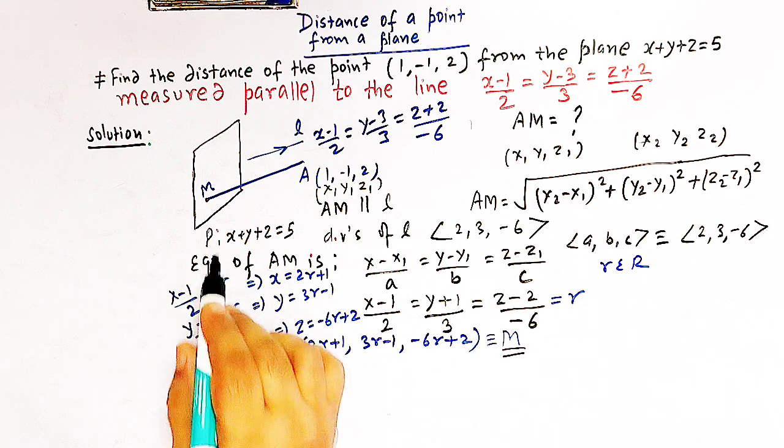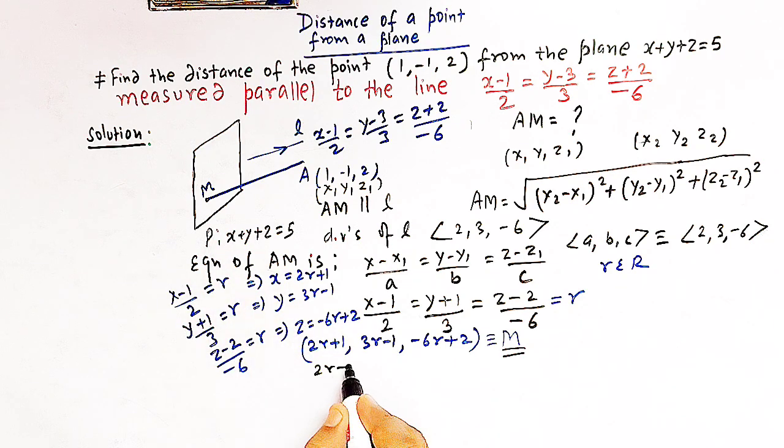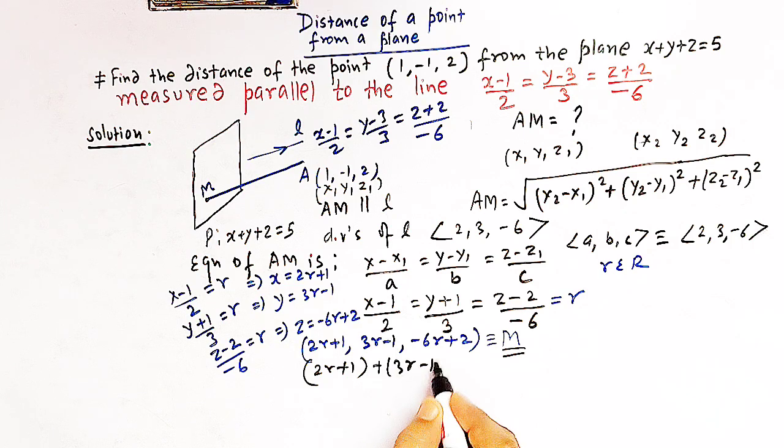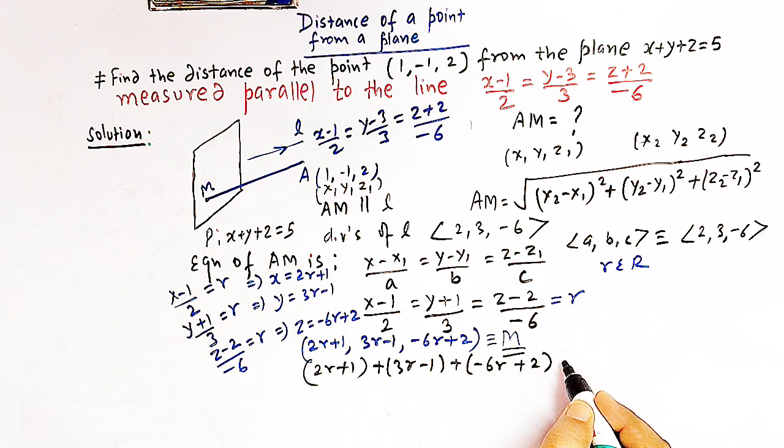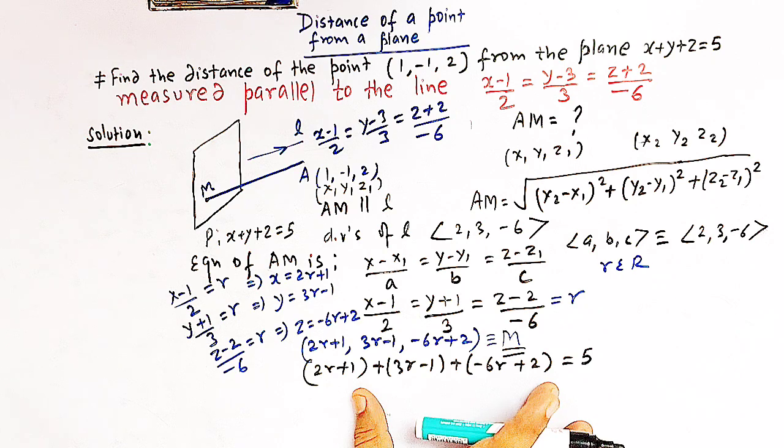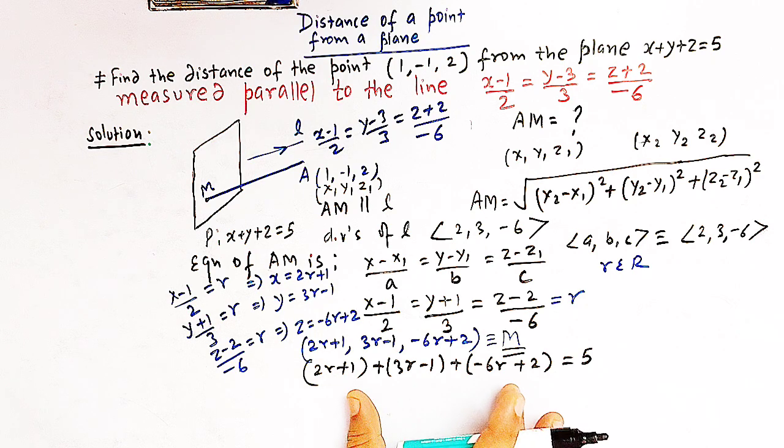So for x we can write 2r plus 1, for y we can have 3r minus 1, then for z we can write minus 6r plus 2 is equal to 5. Now this is a linear equation in r and we can solve it for r.